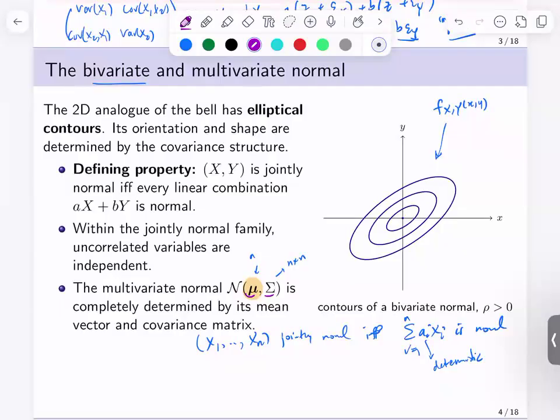So these are the interesting properties. You can write down the density if you want. We may look at the moment generating function later, but the form of the density is not necessarily useful unless you want to do calculations.